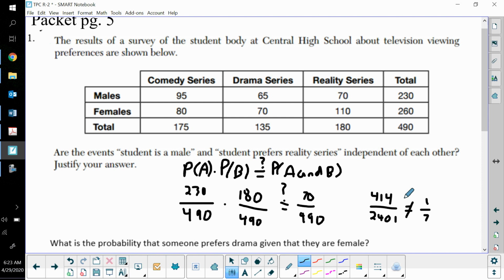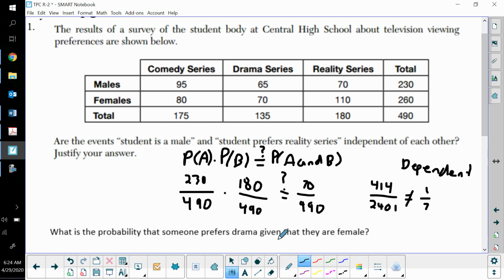If they are equal, that's when they're independent. Because they're not equal, we would say they are dependent. So you need to show the last two fractions showing whether they are equal or not.